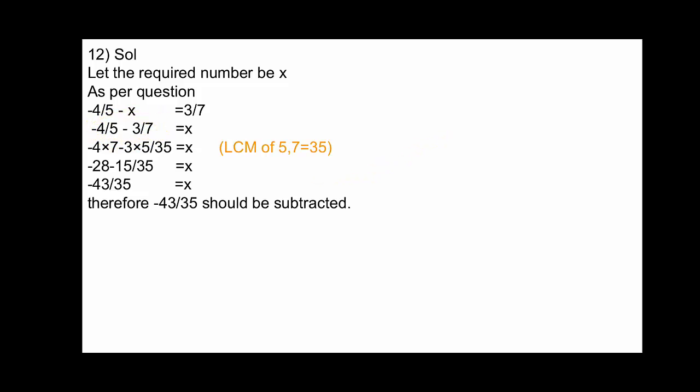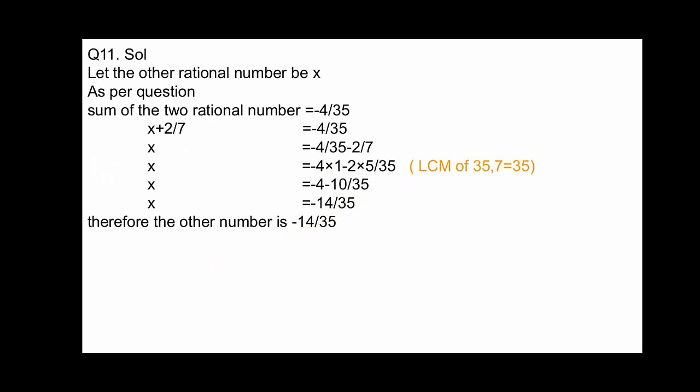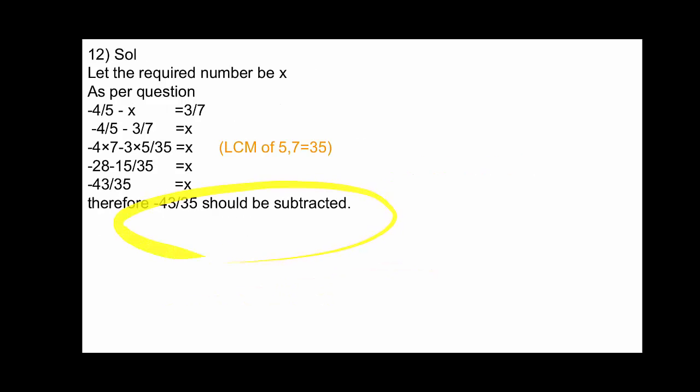For the first fraction you have to multiply with 7, because 7 times 5 is 35, and for the second fraction 5 times 7 is 35. So minus 28 minus 15 divided by 35, which will give you minus 43 divided by 35. So this is the required rational number which should be subtracted.